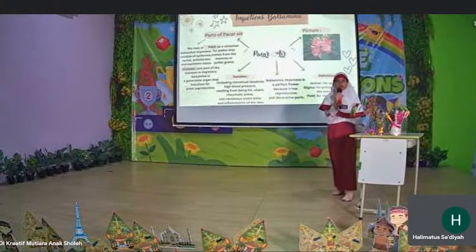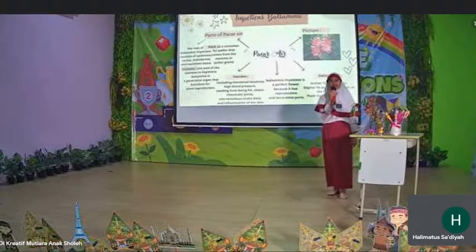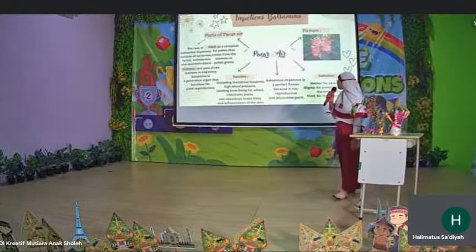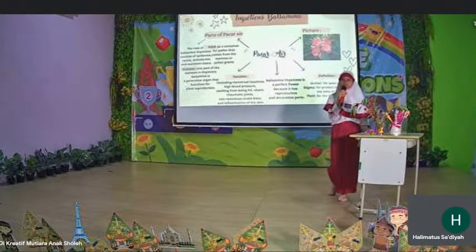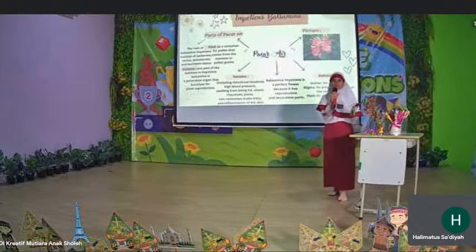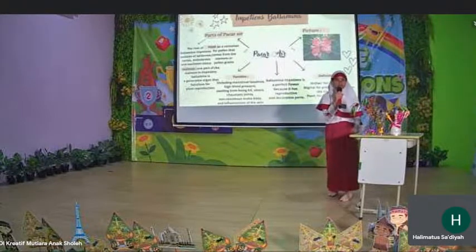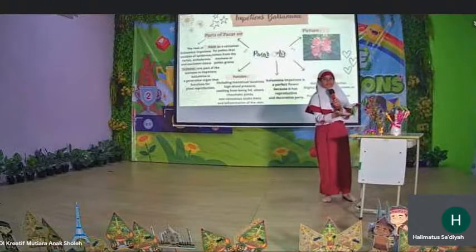Stamen: one part of the stamen in Impatiens balsamina is a generative organ that functions for plant reproduction. Pistil is a container for pollen that comes from stamen or pollen grains. And this is the example of Impatiens balsamina.